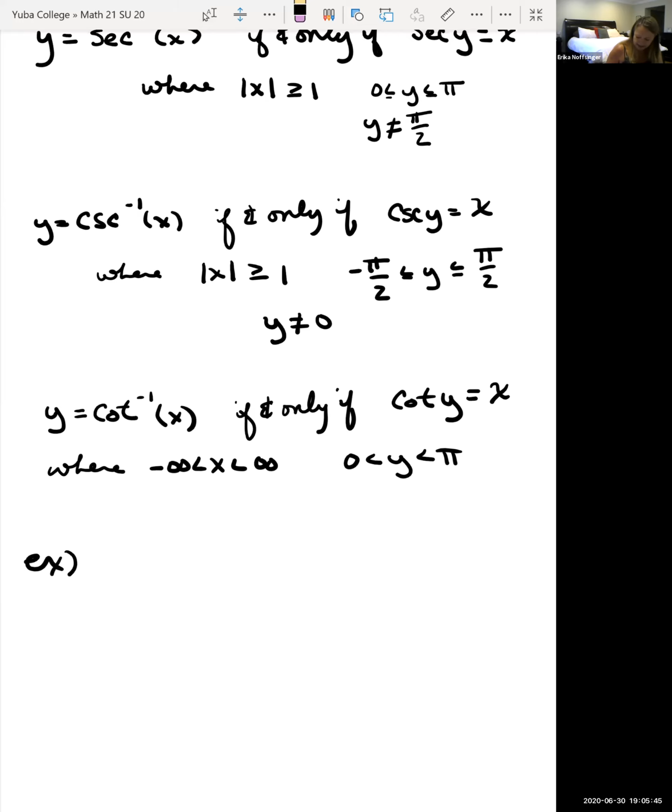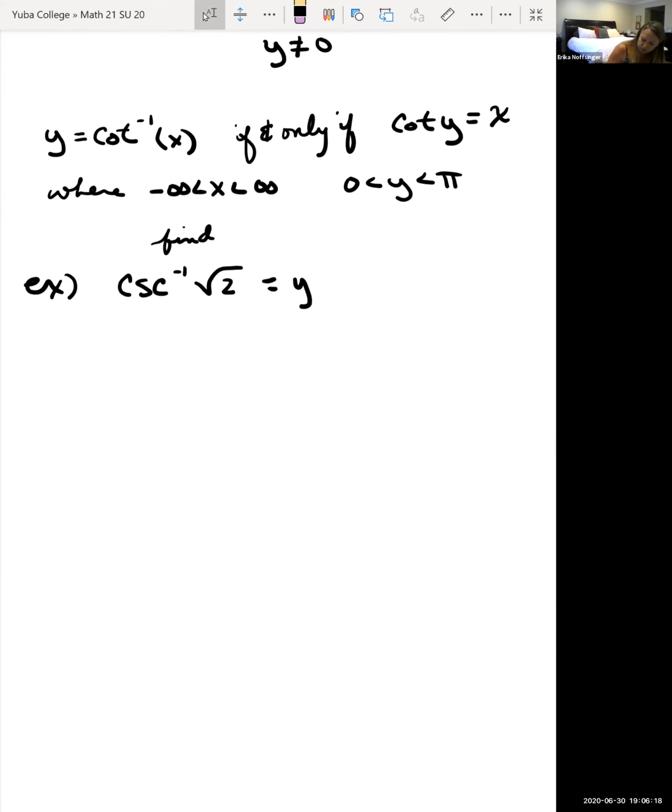So let's say it said cosecant inverse of root 2. Okay, so let's make this equal to y. Let's for a second take the cosecant of both sides.